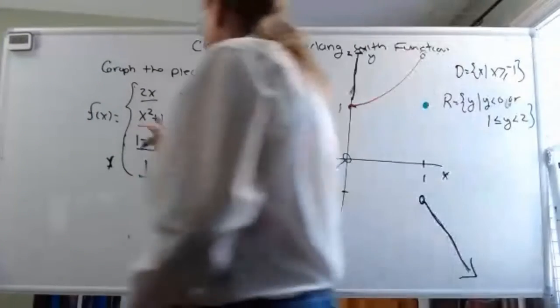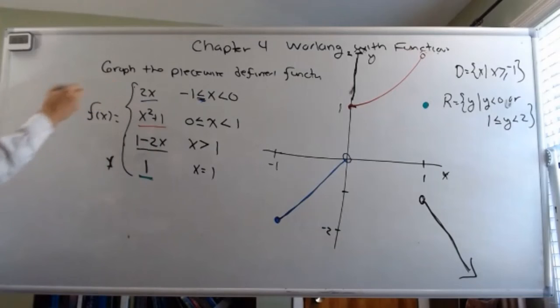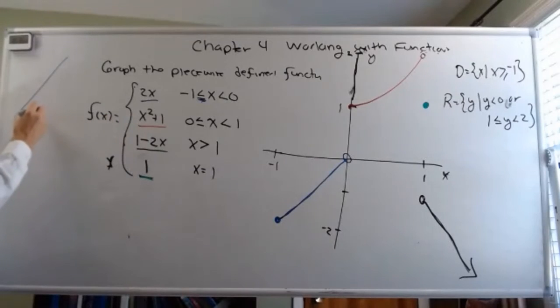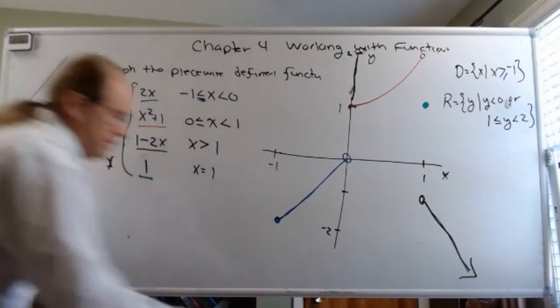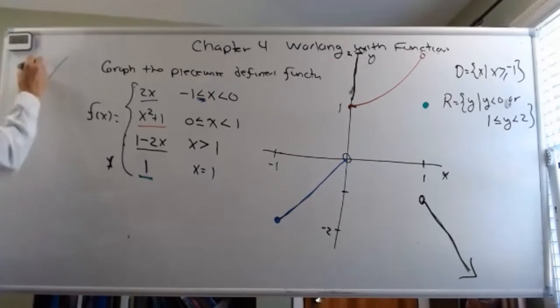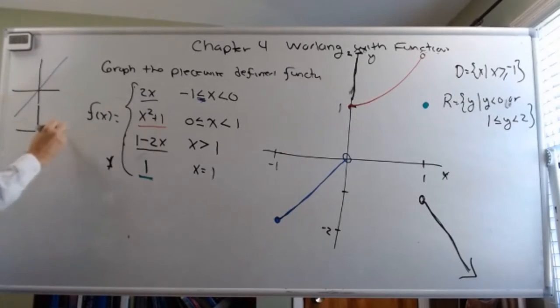Now when x is 0, I'm switching over to this parabola. And what does a parabola look like? If I looked at each of these, for example, the graph of the first one is the line y equals 2x. The graph of that is the parabola. I'll just put it over here so you can kind of see it. Let's say this is my x and y axis. That's the first graph. The second graph over here is a parabola that looks like this.